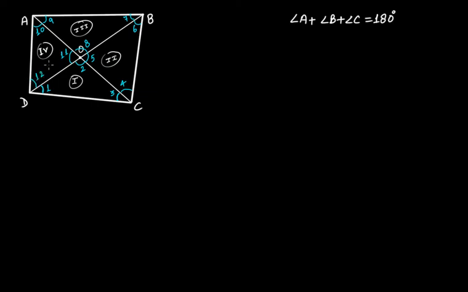So we have named all the internal angles of each of these triangles. Tell me, how many triangles do we have here? We have 4 triangles.